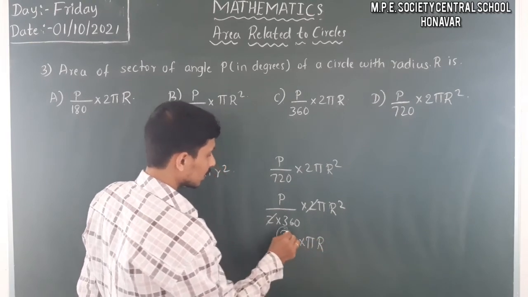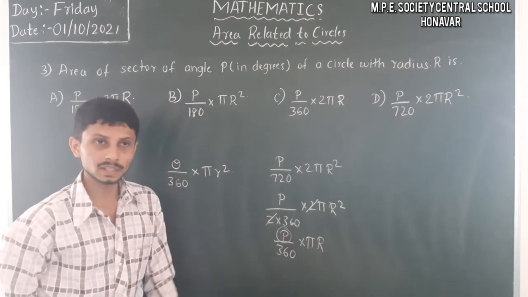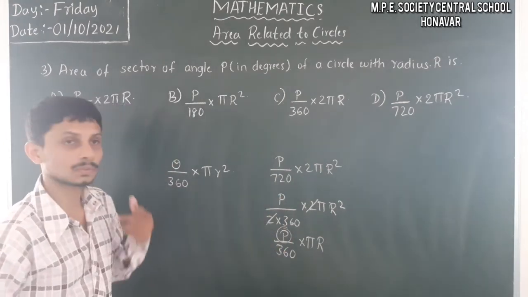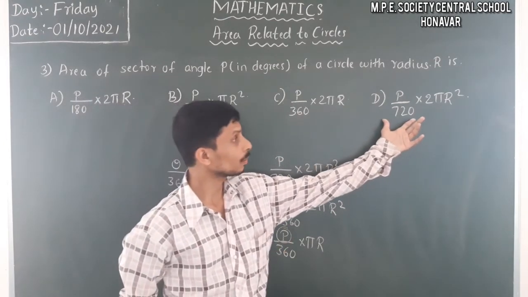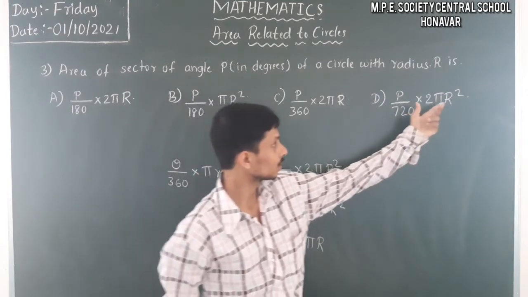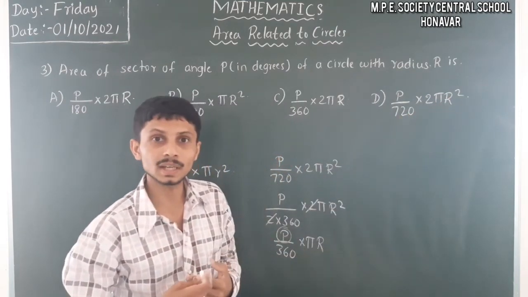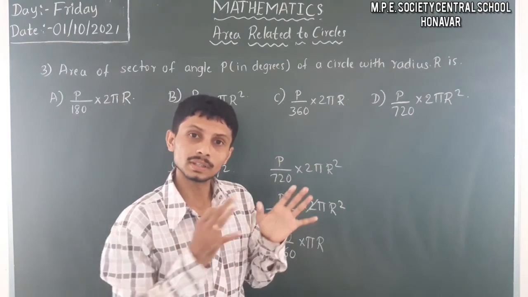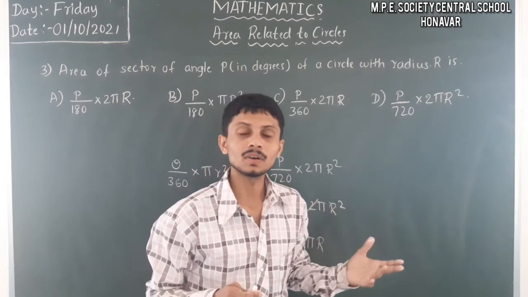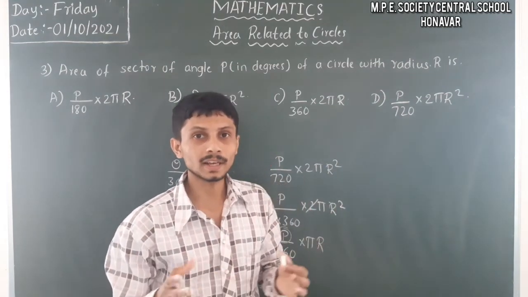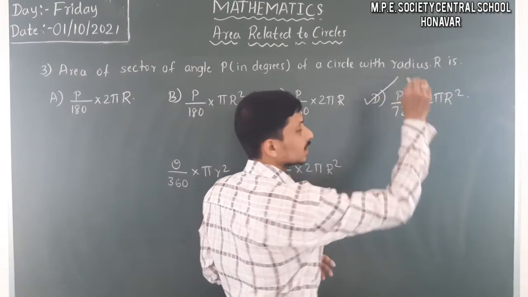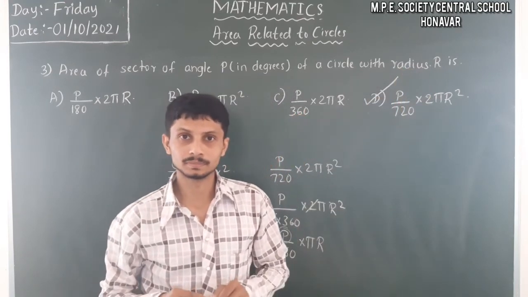So theta will be P here, so this will exactly match. Even if the denominator changes and there is a 2 pi r, there are some changes, but the whole value is the same as the area of a sector of an angle. So D is the correct answer here.